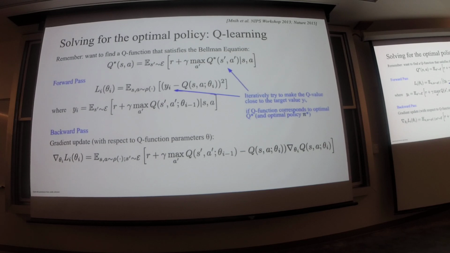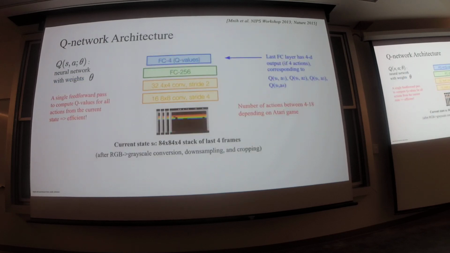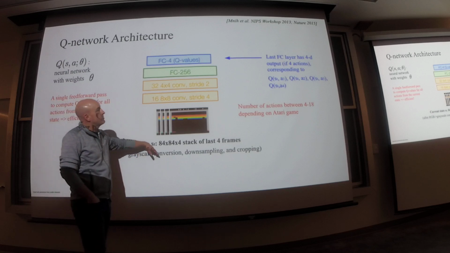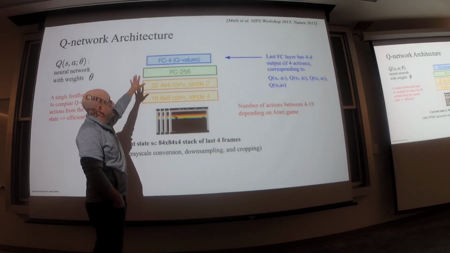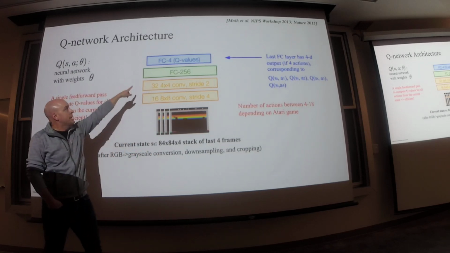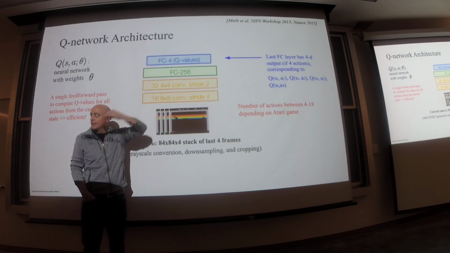How does the neural network take the action A as the input? It doesn't take the action A as the input. It's generating the values for each of the actions it could take.